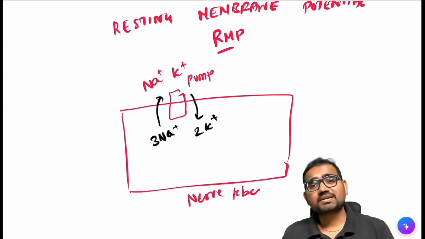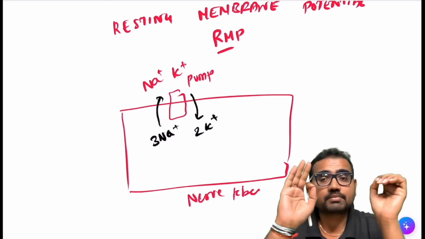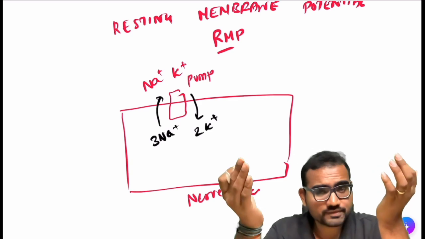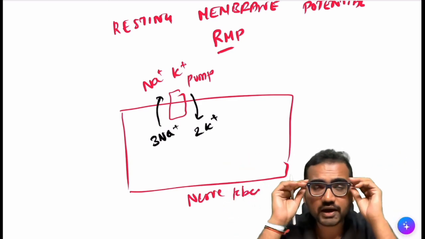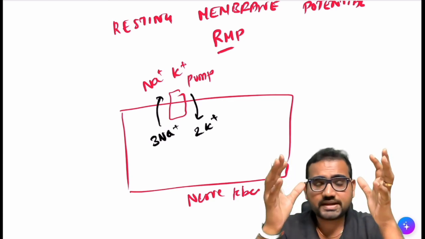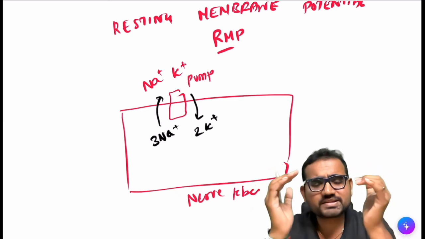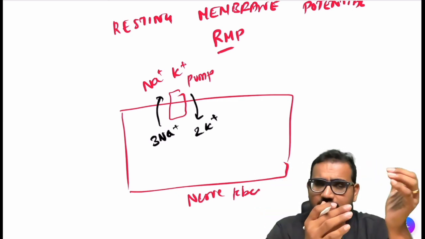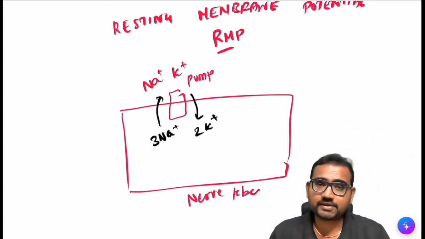So the sodium present inside the cell, 3 in number, is taken out, and the potassium present outside the cell, 2 in number, is taken inside. Now tell me, will the charge inside the cell become negative or positive? Obviously it becomes negative. Why? More sodium is taken out and less potassium is taken in.